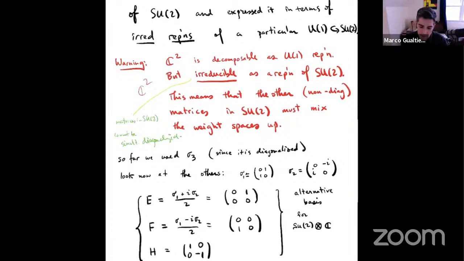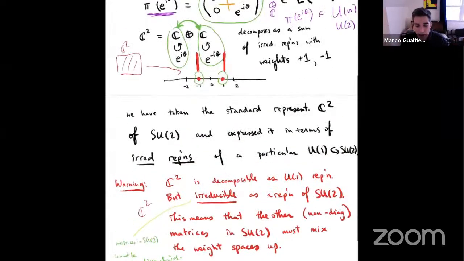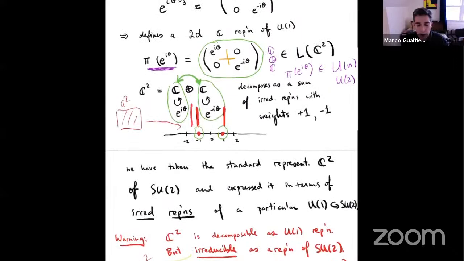So, okay, what does that mean? That means that if, instead of using that little tiny circle inside, you use the other elements now, and you act upon this decomposition, they will not preserve these two subspaces, right?